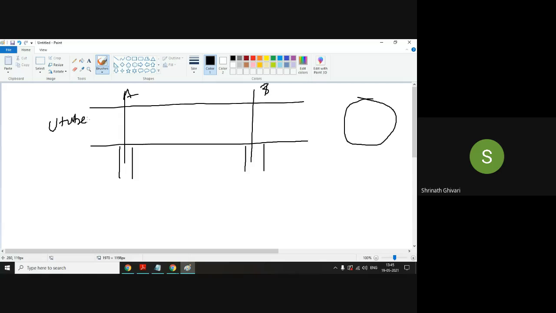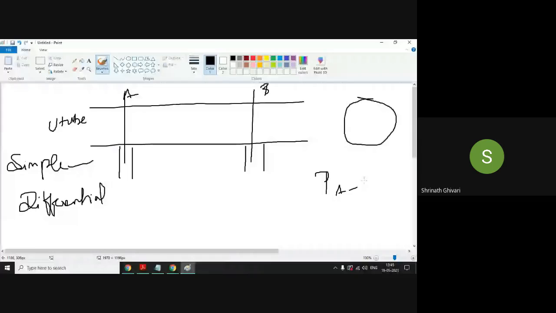But a differential manometer, as you studied, there were two types, simple manometers and differential manometers. So what is a simple manometer? It measures the pressure at that point. But a differential manometer measures the pressure difference. For example, I want to measure the pressure difference in a pipe, like PA minus PB. A fluid is flowing through the pipe.